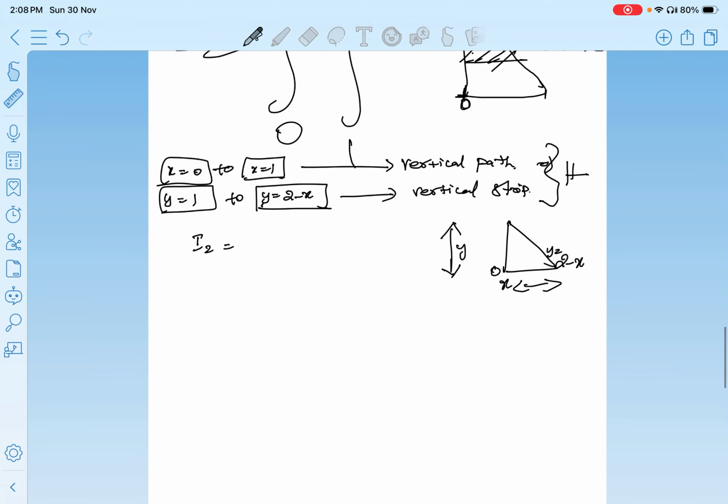And y is going to fall from 1 to 2. So here y equal to 1, here y equal to 2. So what we have here is y equal to 2 minus x.